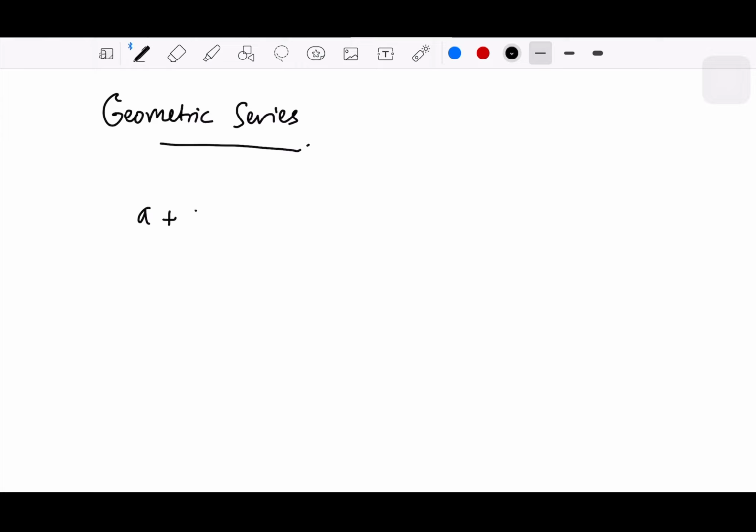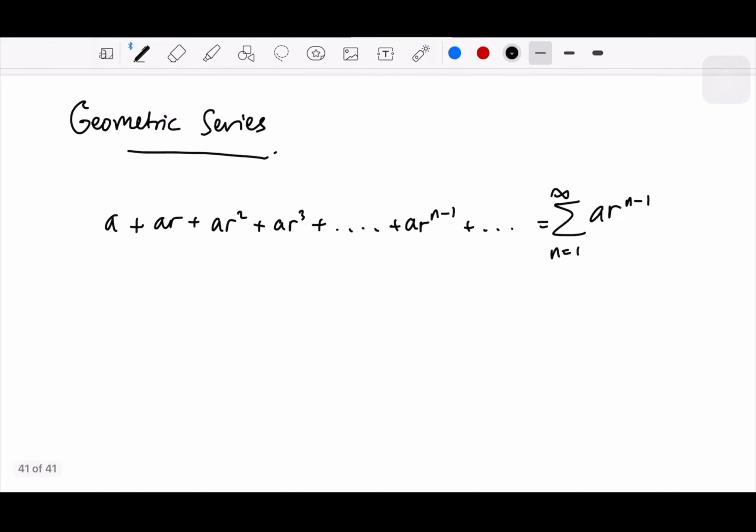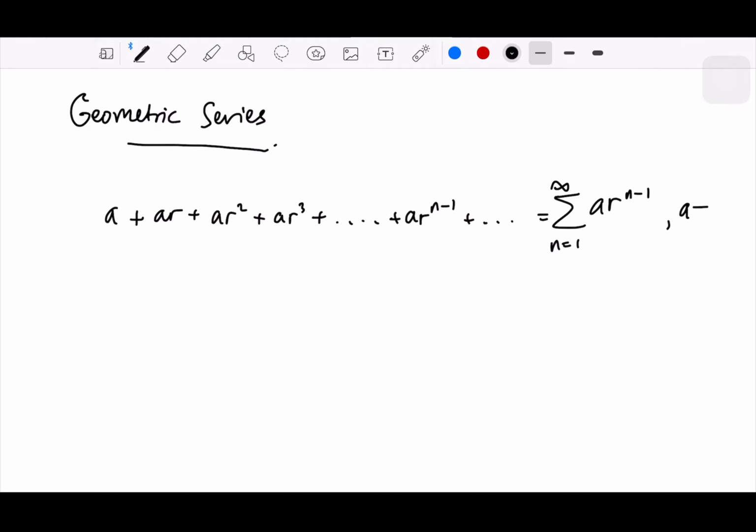A plus AR plus AR squared plus AR cubed plus dot dot dot plus AR^(n-1) plus dot dot dot, and this will result in the sum from n equals 1 to infinity of AR^(n-1), and A should not be 0.